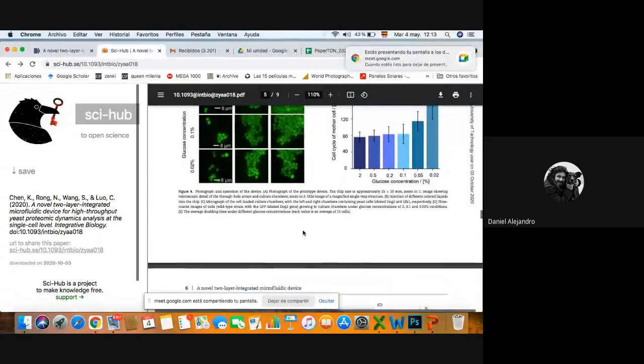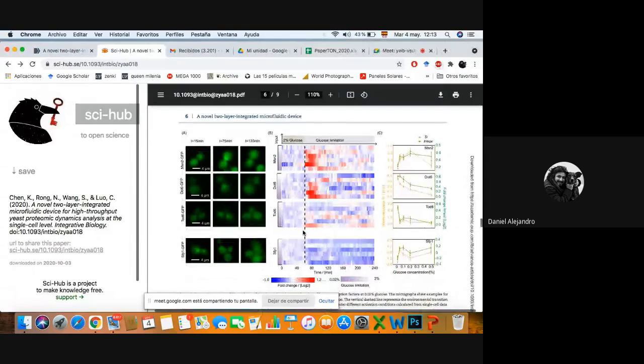Okay. Well, here, the GFP was attached to an exclusive gene. So when these genes intervene in the downstream pathways of the metabolism of the yeast, when they lack glucose, the pathway turns on or off. That was the experiment.